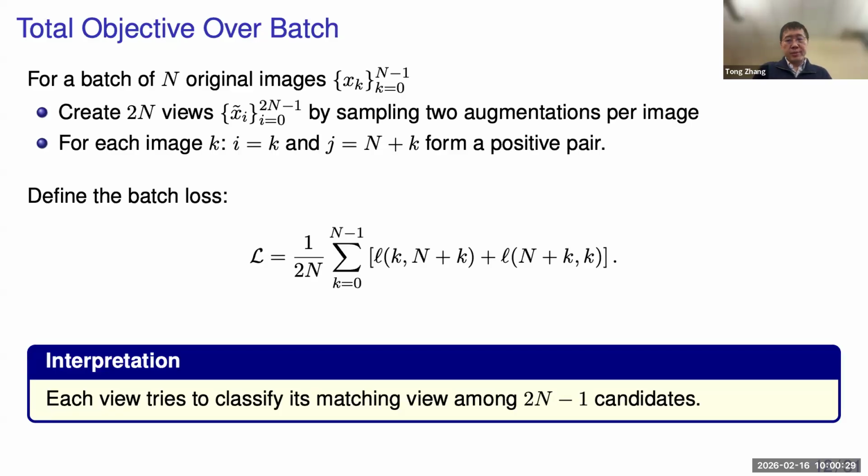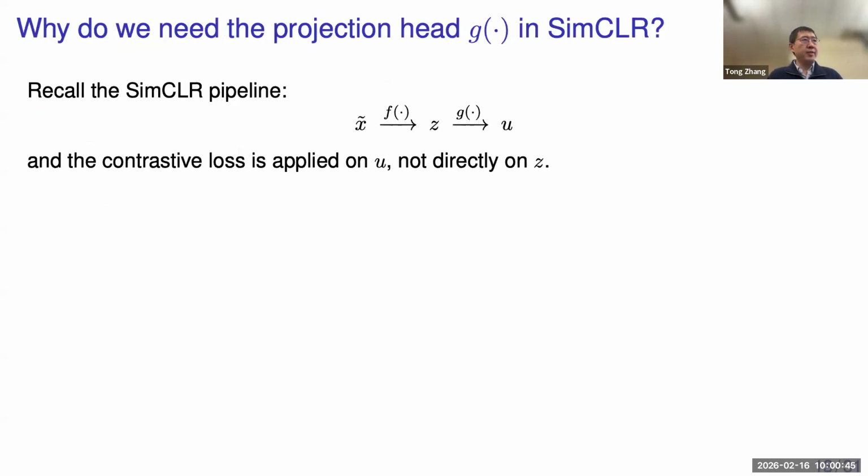So this is basically the loss function. Once we have this particular loss function, we just implement it, and then we can train the model. That's pretty much it.